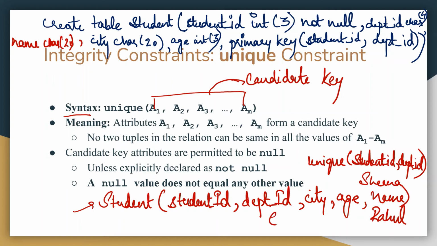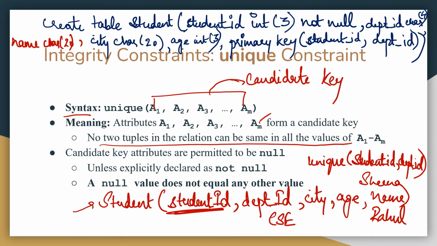That is, let's say they both belong to the CSC department, then they cannot have the same student ID or roll number. Okay, clear enough, I guess. So this is what the unique constraint implies, and no two tuples in the relation can have the same values in all the attributes A1 to AM. I think we are clear about that.